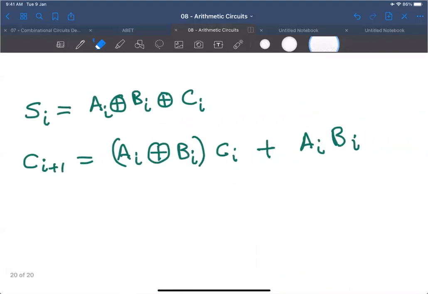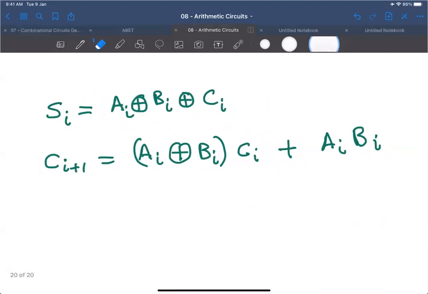So if you have been reviewing, okay, you'll know that SI of the full adder. So we have a full adder. Let me make it bigger so that I give myself some space.